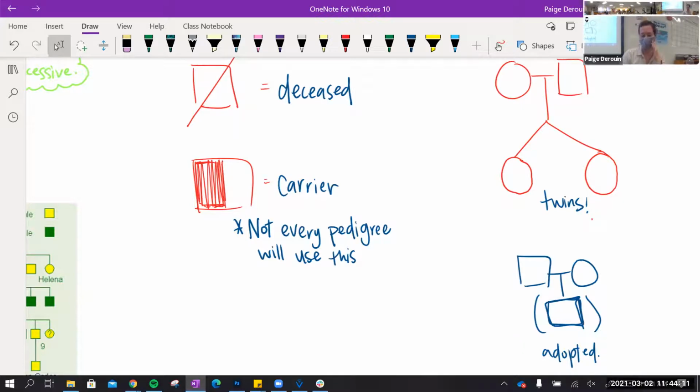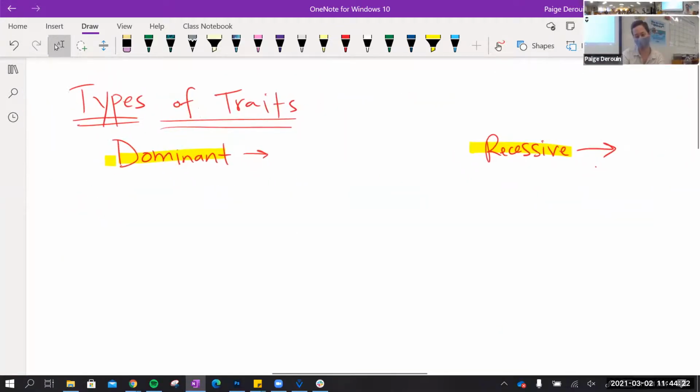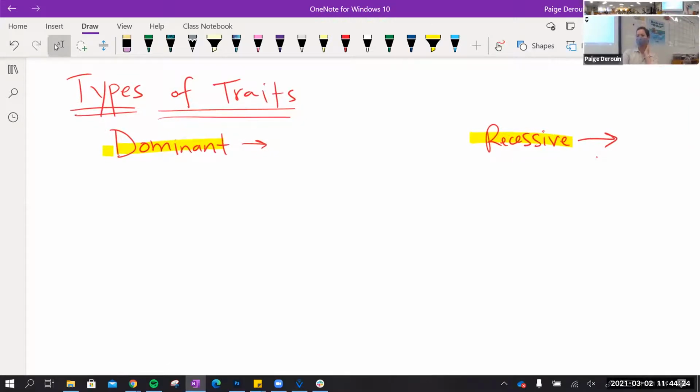Okay. So now the cool thing about pedigrees is you can use them to figure out whether a trait is dominant or recessive. So we're going to go over here to the side, and I'll tell you how to tell the difference. So first of all, if a trait is dominant, it will be shown in every generation.